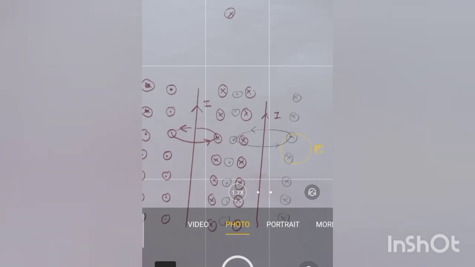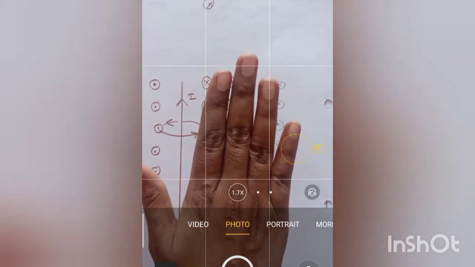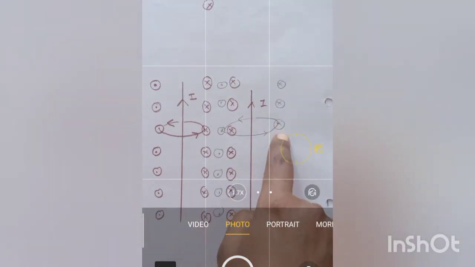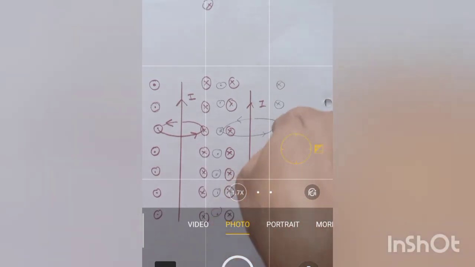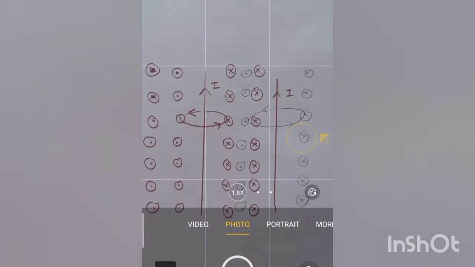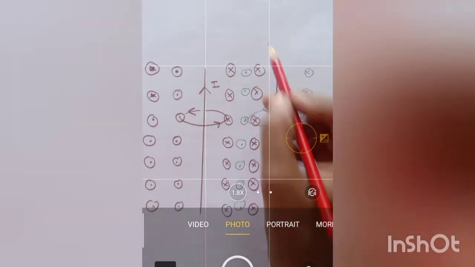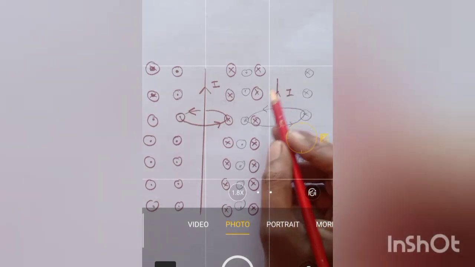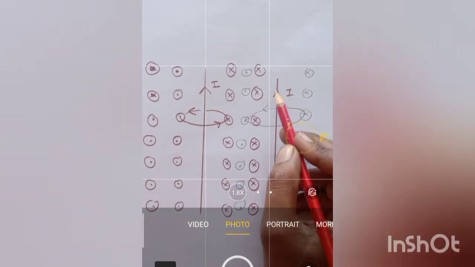So we will consider our right hand. This index finger tells you the direction of magnetic field. It is going into this paper. As we know that the current is flowing in this direction, the direction of electron will be in the opposite direction. Electron is a charge, and when it flows, the opposite of that is our current direction.